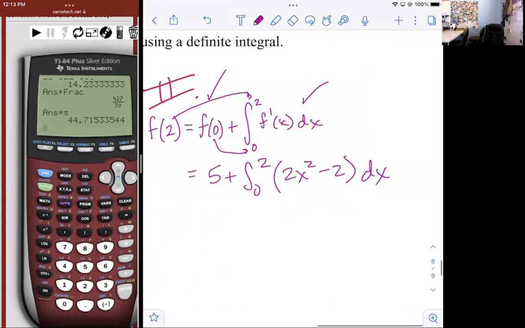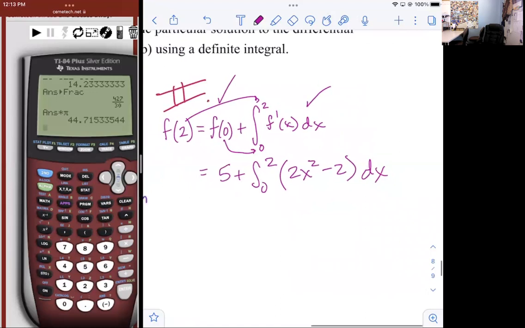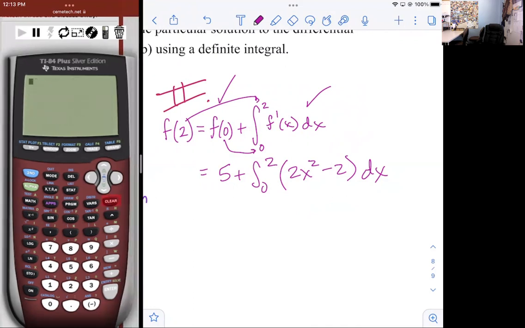So that's another way to set it up. I like to set it up with the notation first, because then I can clearly see on the function notation my inputs, and I can line them up to my intervals of integration. I could do this by hand pretty easily, it's a real simple definite integral, but I'm not going to because we can. I'm just going to go straight to the calculator now.